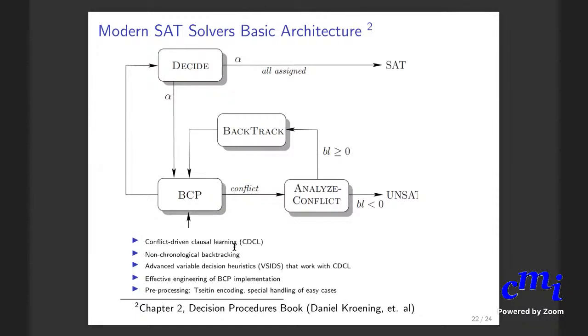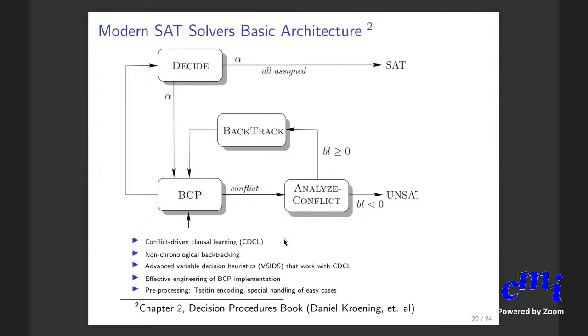And that is done by learning the conflict clause that is able to block a root cause for that conflict and adding that as a new clause to the original set of clauses, and non-chronological backtracking. Instead of backtracking to the latest level, skip levels to backtrack to an earlier level. And that is also determined by the conflict clause that you generate.